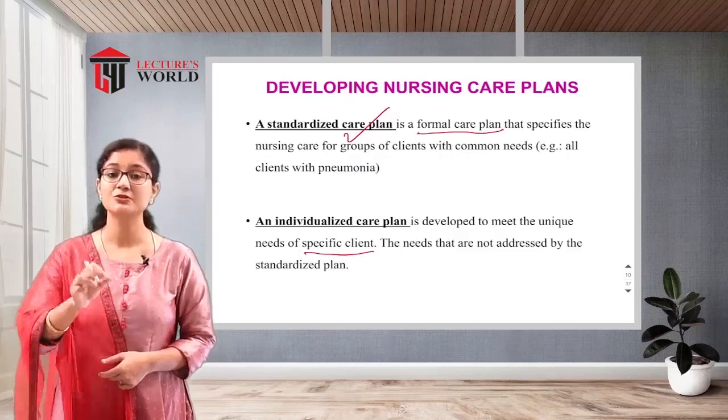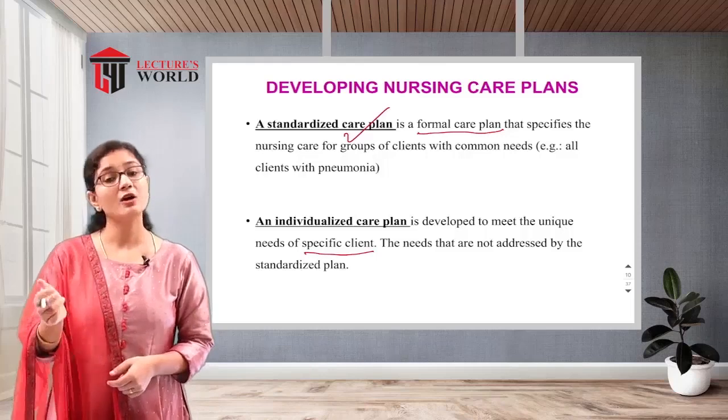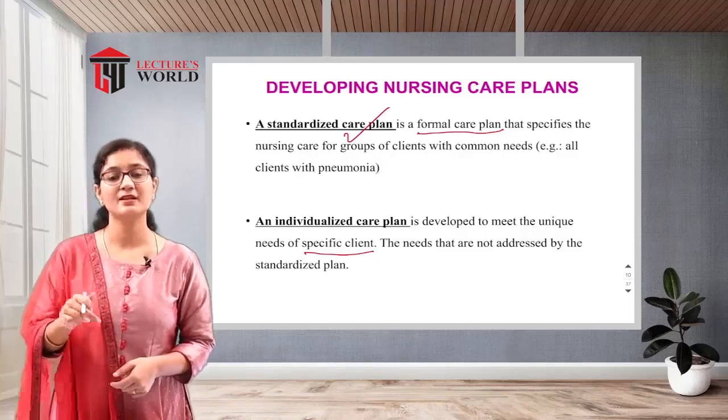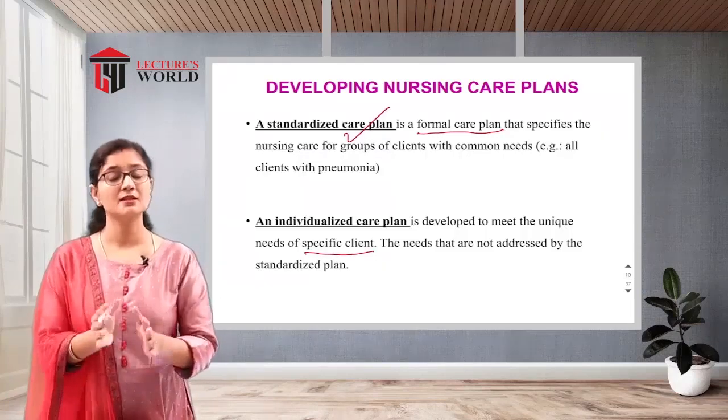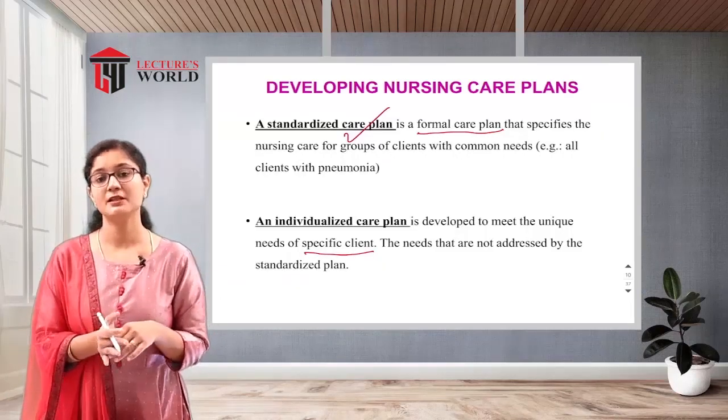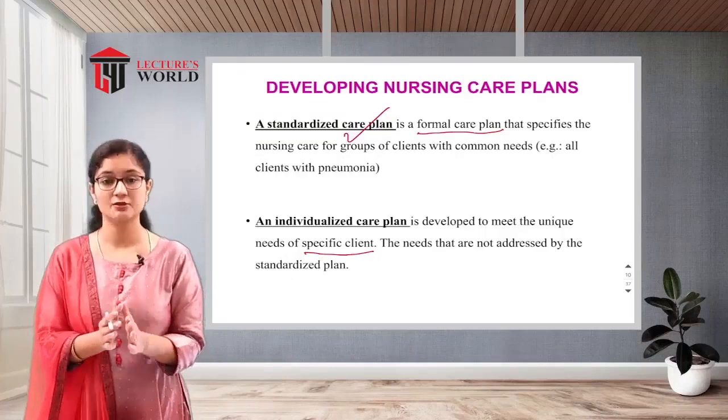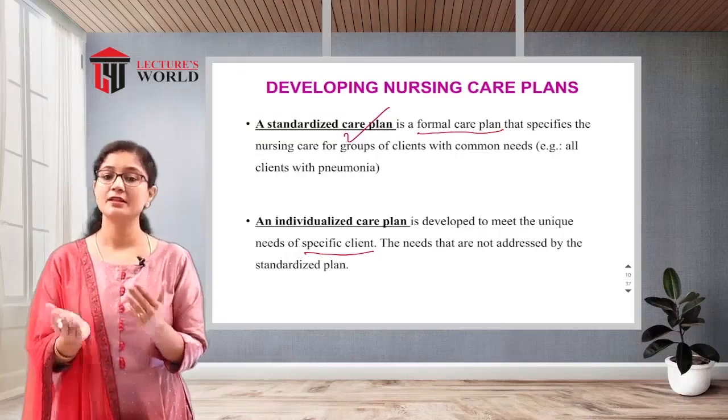Now remember, you are going to take reference of the standardized plan for preparing an individualized care plan. Let me give you another example. There is a patient admitted with a medical diagnosis of, let me take dengue fever.